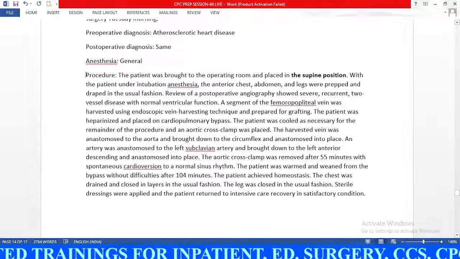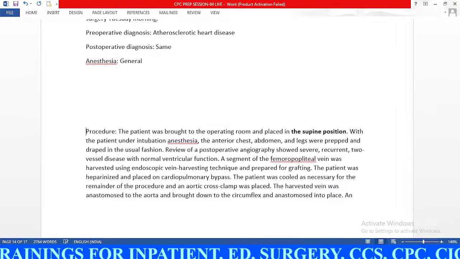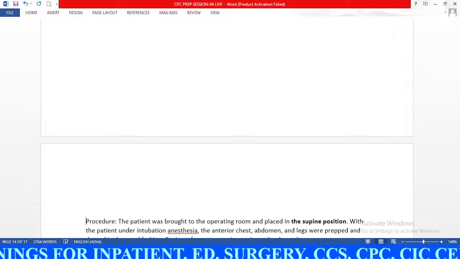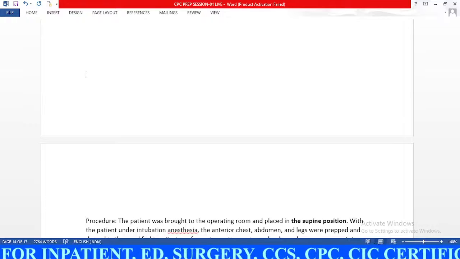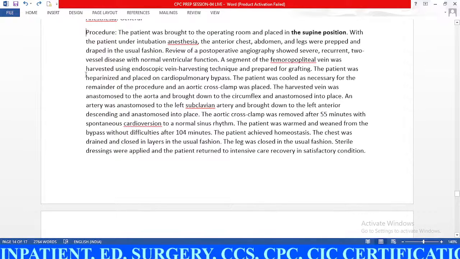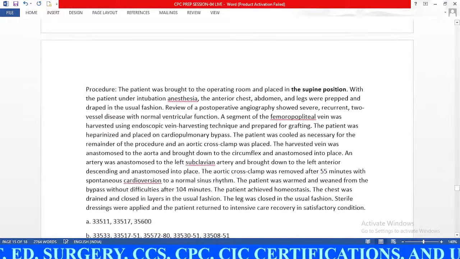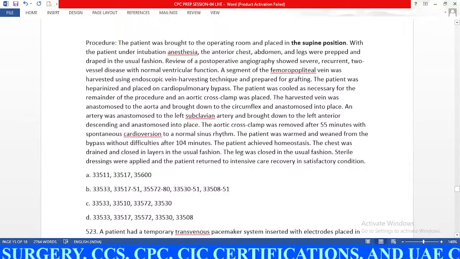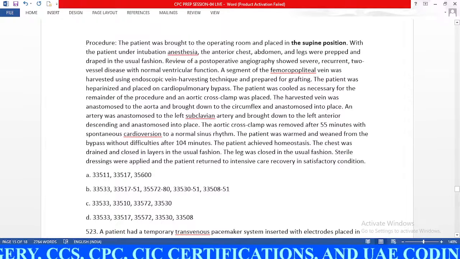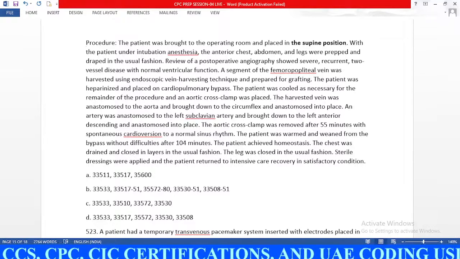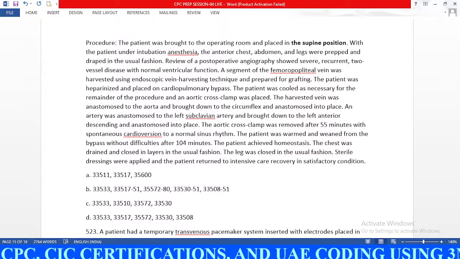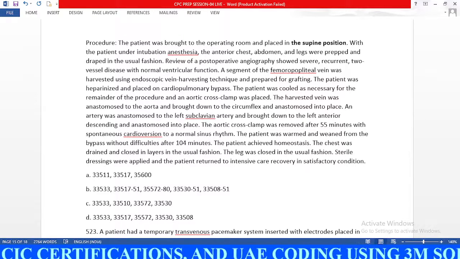So I can do one thing, so now you can write easily. Both are on the same page. So now you have the procedure and codes on the same page. Now you can try. You have 2 more minutes. A bit complex, but we can try.